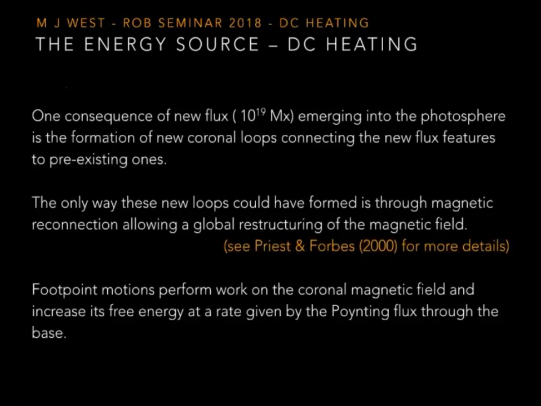The only way that this can actually happen is through some form of magnetic reconnection, which allows this kind of global restructuring of the magnetic field. The foot point motions perform work on the coronal magnetic field and increase its free energy at a rate given by the Poynting flux through the base.